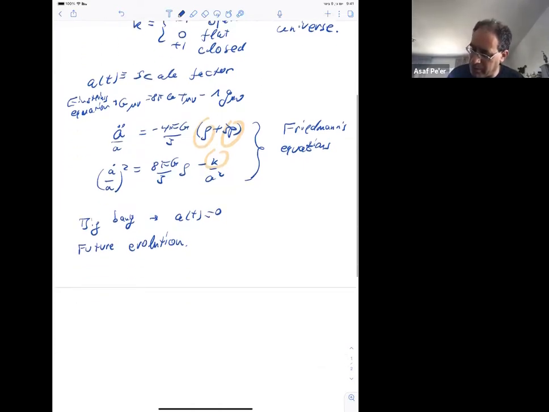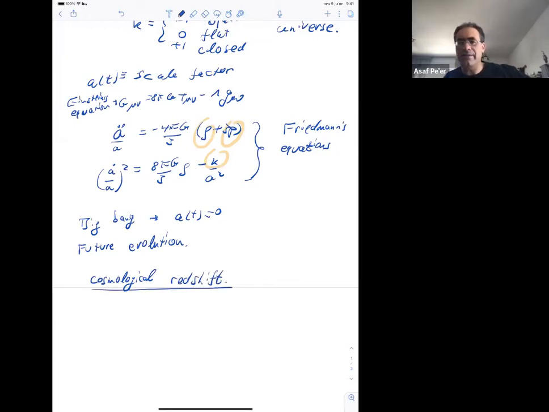Then we spoke about the cosmological redshift. So we said that since the universe is continuously expanding, A of t changes with time.